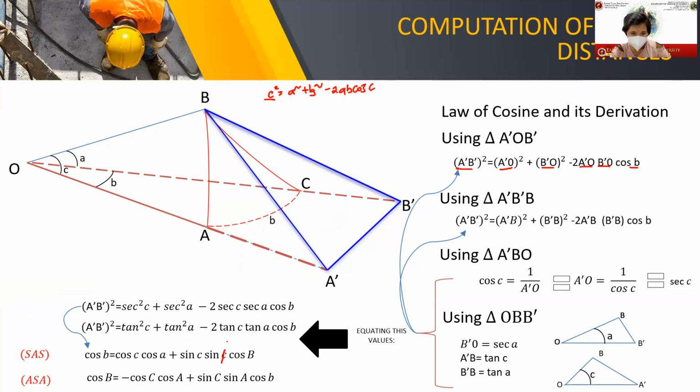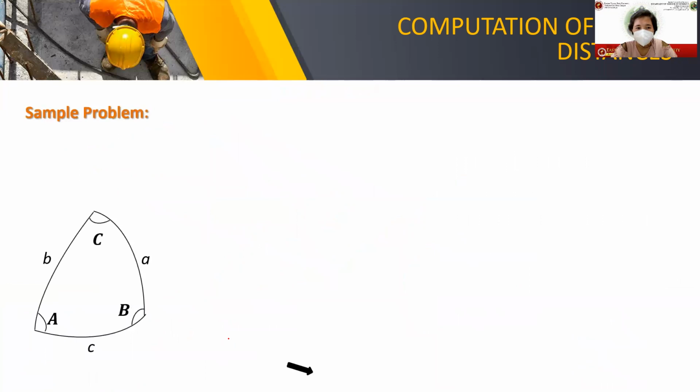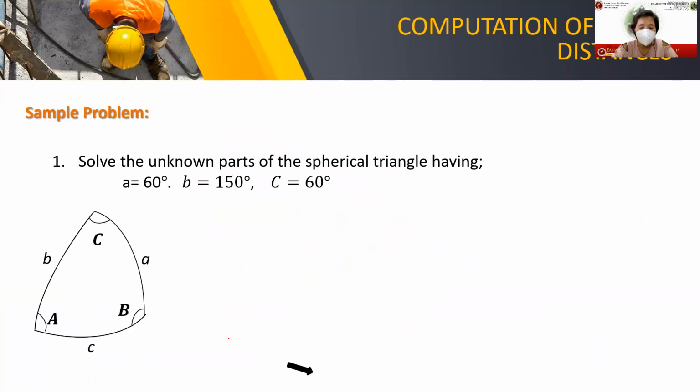So, this is sine A. Okay, so let's try some practical problem here. You have here an example of a spherical triangle. We have the interior angles A, B, C and the angles on the side.